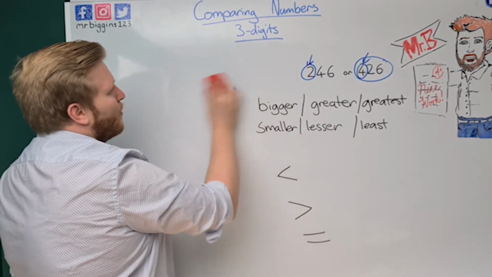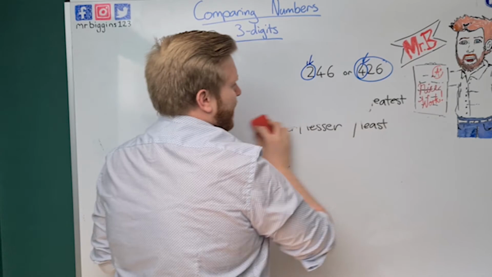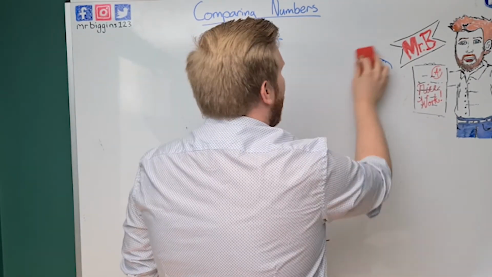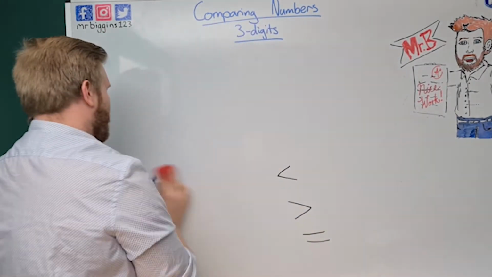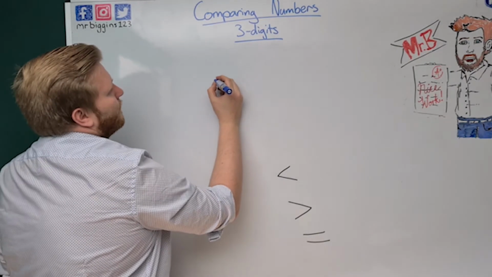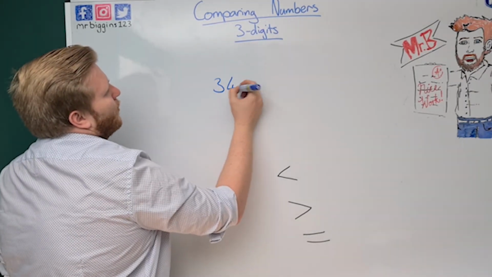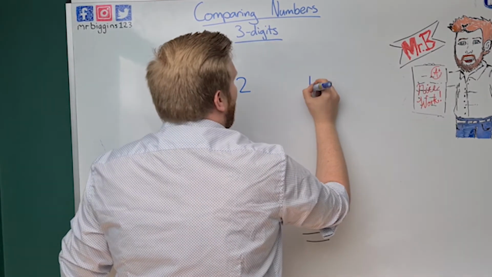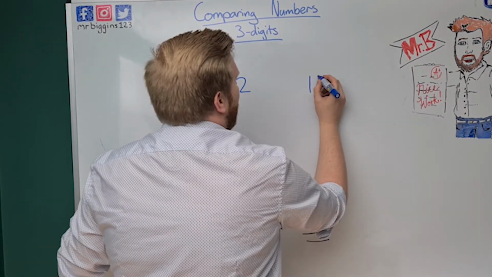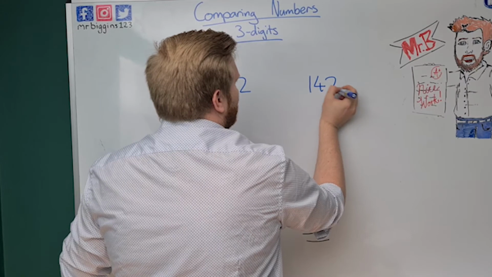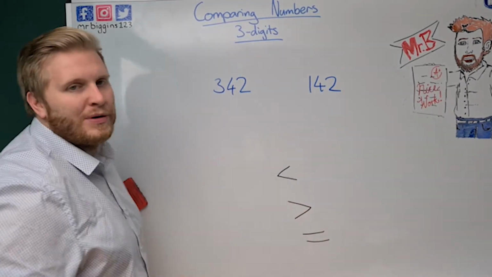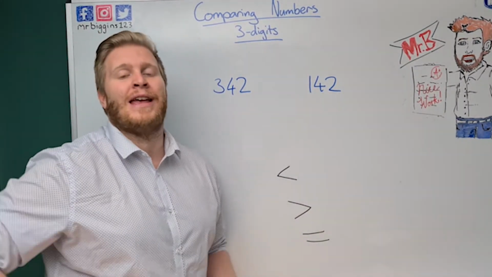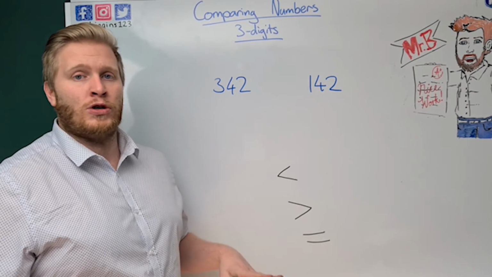And let's do a couple more examples so we understand that. So let's rub off our hundreds, tens and ones, and let's have 2 numbers on the board. So let's say I've got 342 and I have 142 as well. Again, if I was asked which of these numbers is the smallest, what am I going to do?